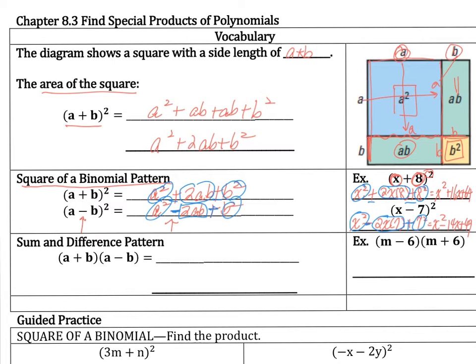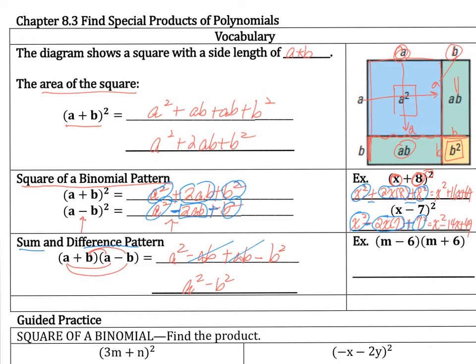Okay, now we're going to look at the sum and difference pattern. So by the FOIL method, I can expand this as a squared minus ab in the inner plus ab and the outer minus b squared. Now I can cancel out the middle to get a squared minus b squared.